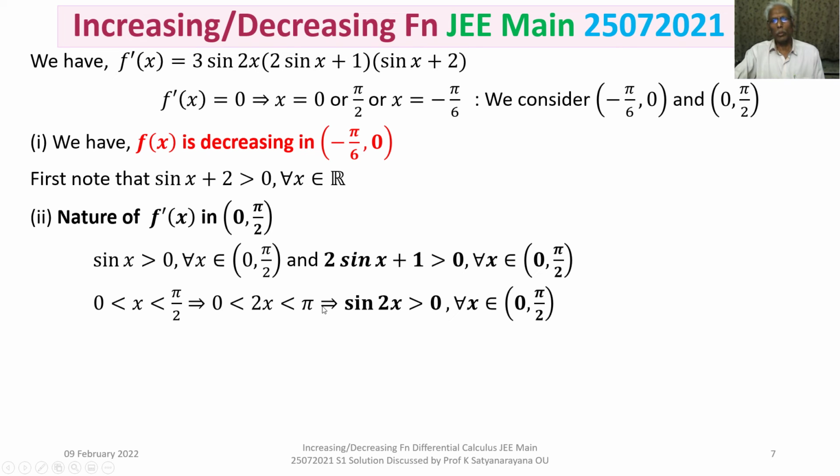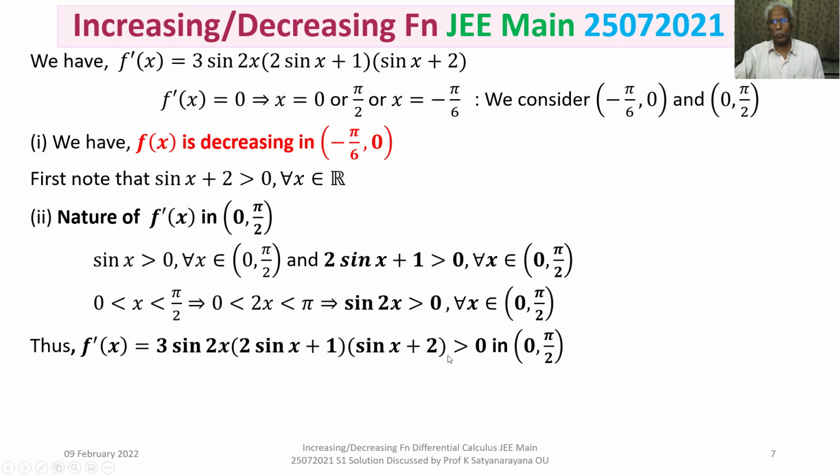In this interval 0 to pi, sin 2x is positive. Sin 2x is positive for all x belongs to 0 to pi by 2. So both the factors are positive, so the product is positive. Thus, f prime x is positive in the interval 0 to pi by 2. So therefore, f of x is increasing in the open interval 0 to pi by 2.